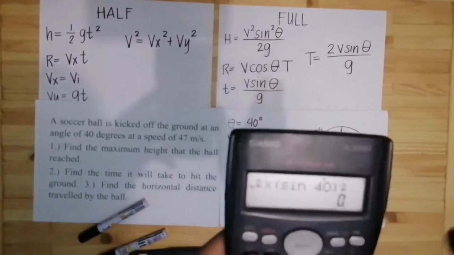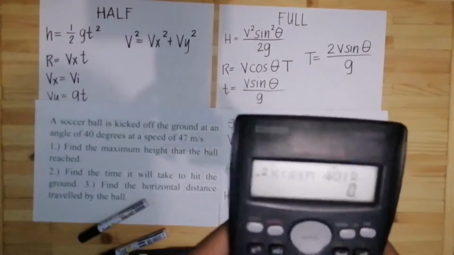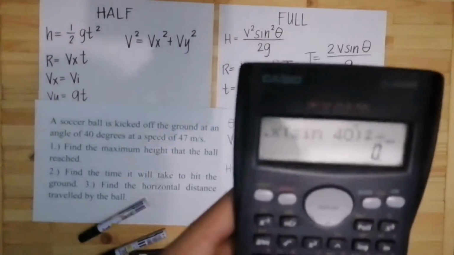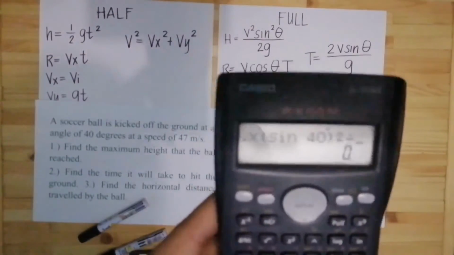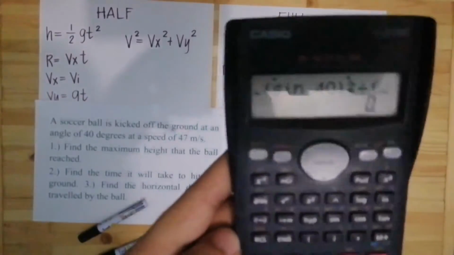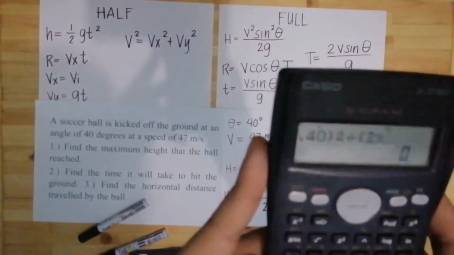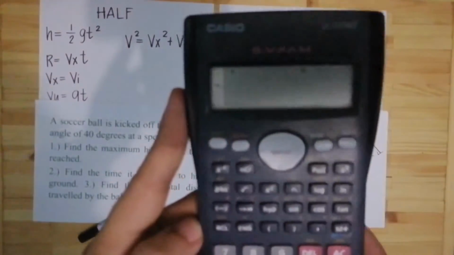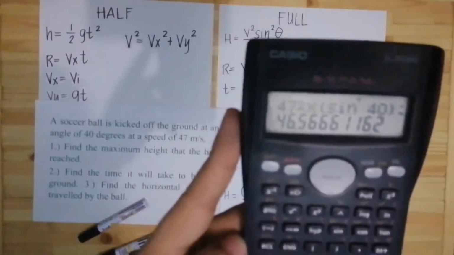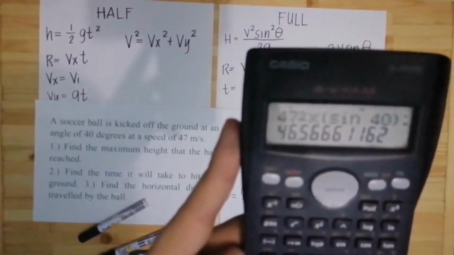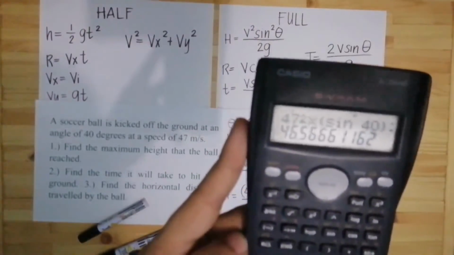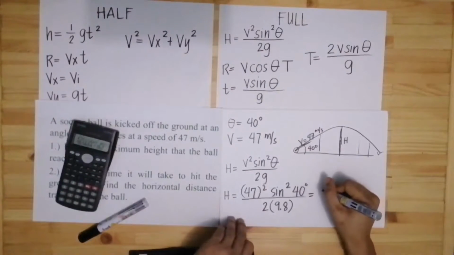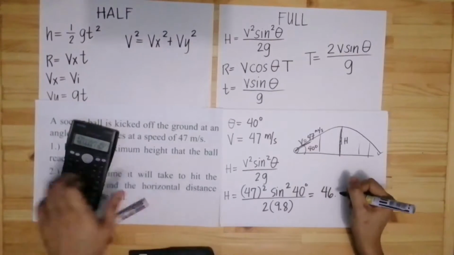Okay, so sine 40 squared, parehas lang yan sa sine squared 40. Then, divide lang natin sa ilalim. Lagay tayo ng parenthesis for the whole denominator. Parenthesis, 2 times 9.8. Yung nasa ilalim, 2 times 9.8. That is equal to 46.57. Okay? So, the height is equal to 46.57.